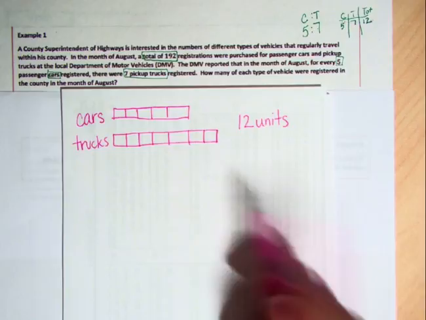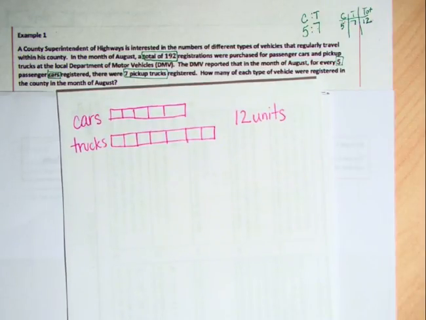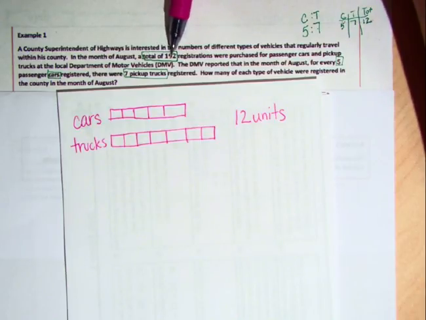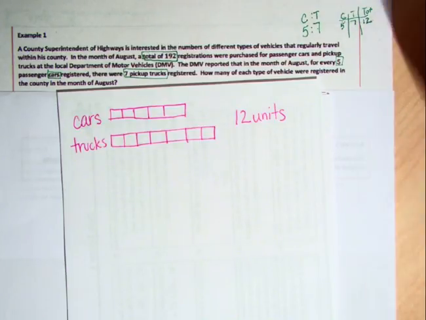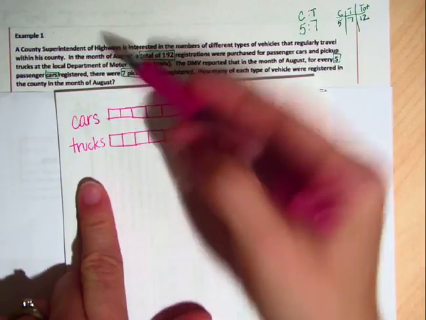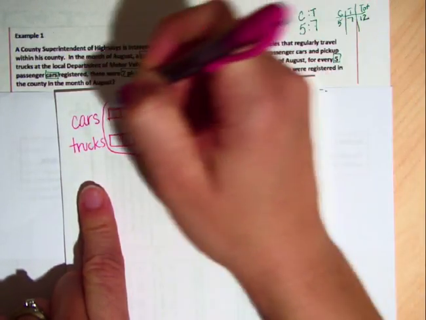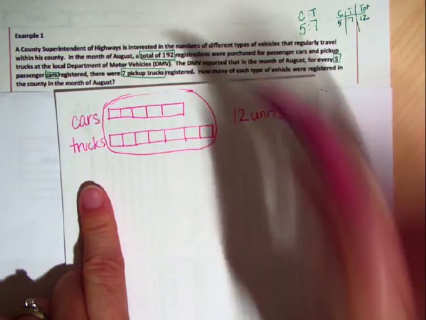Okay, so there are 12 units in our tape diagram. How many total vehicles were registered in the month of August? For that information, we need to look back in our problem, and it says there was a total of 192. So, all 12 of these boxes represent the 192 vehicles that were registered.